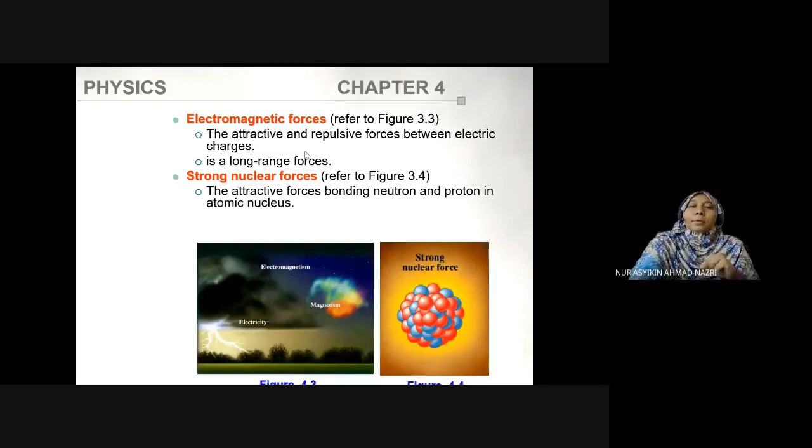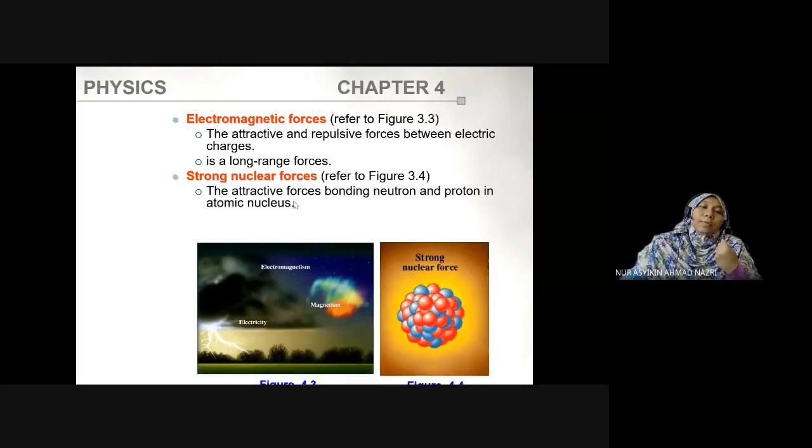Proton and neutron tu dia ada satu attractive force untuk dia ada dekat situ. Sebabnya elektron akan equivalent dengan number of proton. Tapi macam mana proton boleh ada sekumpul kat situ? So that is the attractive force.